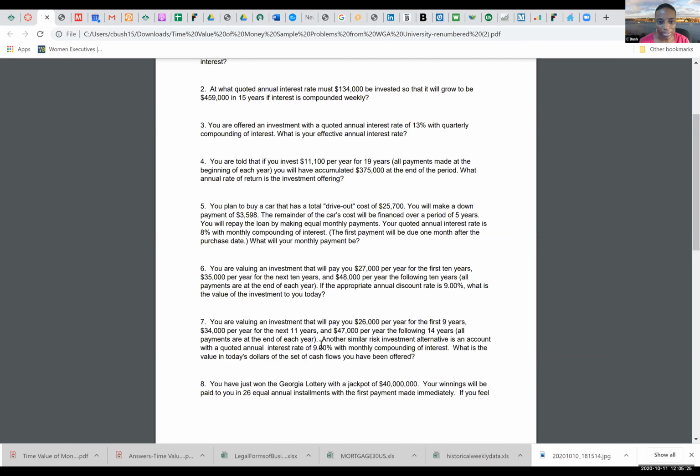You make a down payment of $3,598. The remainder of the car's cost will be financed over a period of 5 years. You will repay the loan by making equal monthly payments. Your quoted annual interest rate is 8% with monthly compounding interest. The question says, what will your monthly payment be?